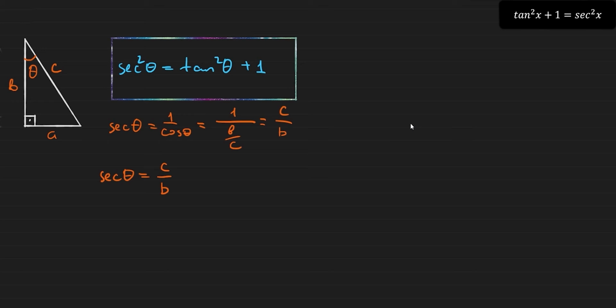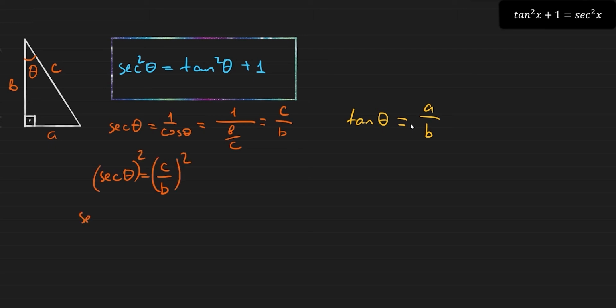And we can write tangent theta here. So we know that tangent is opposite over adjacent. That's A over B in our case. So now we can find the squares of both secant and tangent. To do that, we're going to take this equation first and square both sides.